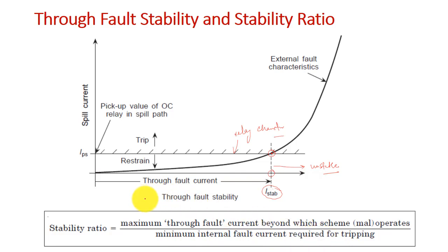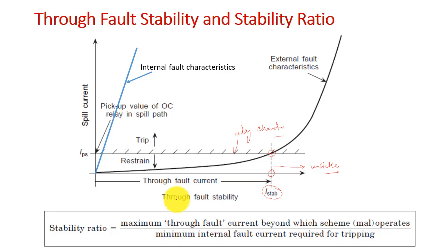What will be the minimum internal fault current required for the tripping? Let us see. So this is your internal fault characteristic. If you plot your internal fault current, then your spill current will increase suddenly with a stiff slope. So therefore, it will be a straight line, the internal fault characteristic.